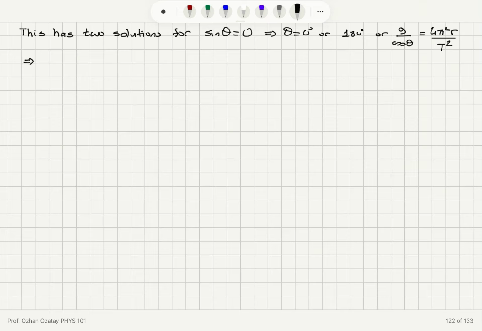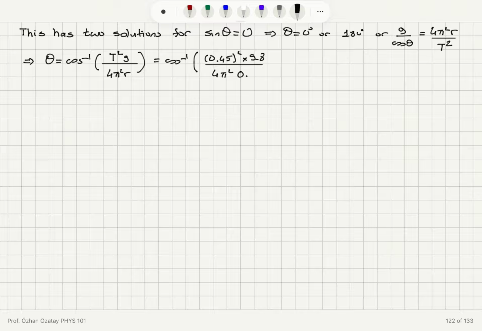So for that solution, we would have theta equal to cosine inverse of T squared g divided by 4 pi squared R. If we substitute the numbers, cosine inverse of 0.45 seconds, the period, squared, times 9.8 meters per second squared, the gravitational acceleration, divided by 4 pi squared times the radius of the circle, 15 centimeters, 0.15 meters in SI units.